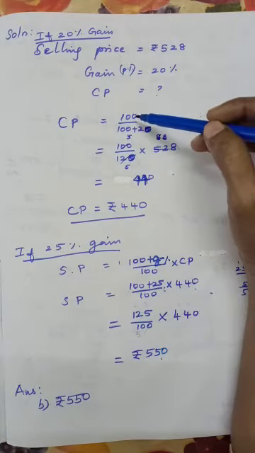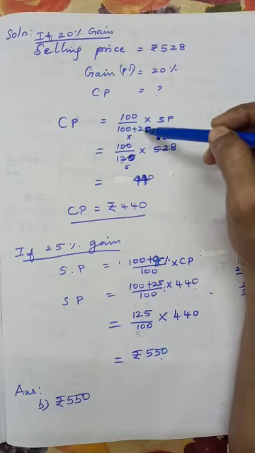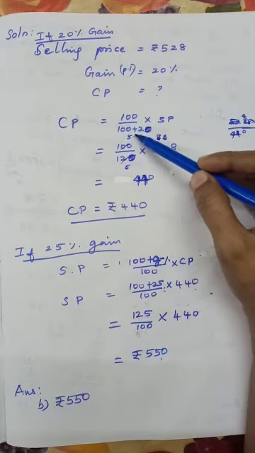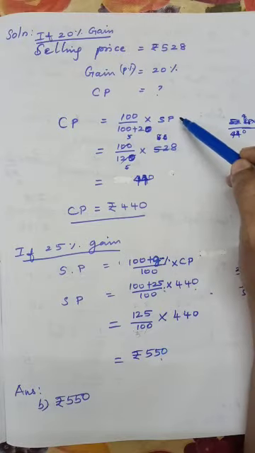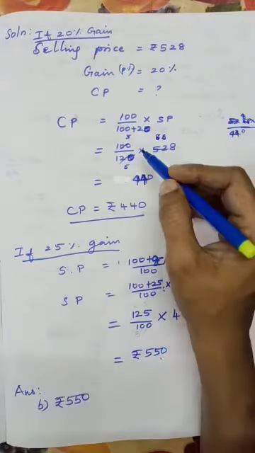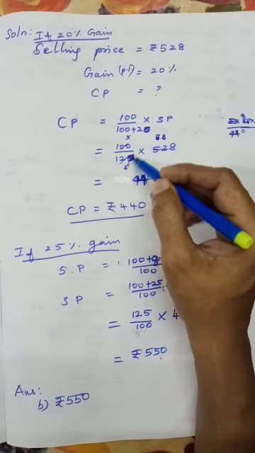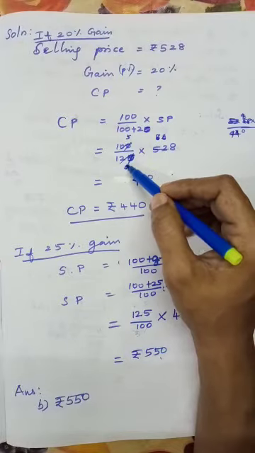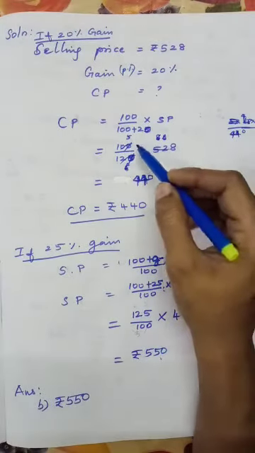We know the formula. That is 100 by 100 plus profit percent into SP. That is 100 by 100 plus 20 into SP. 100 by 120 into 528. Now 0, 0 gets cancelled here. 5 2s are 10. Here 6 2s are 12.